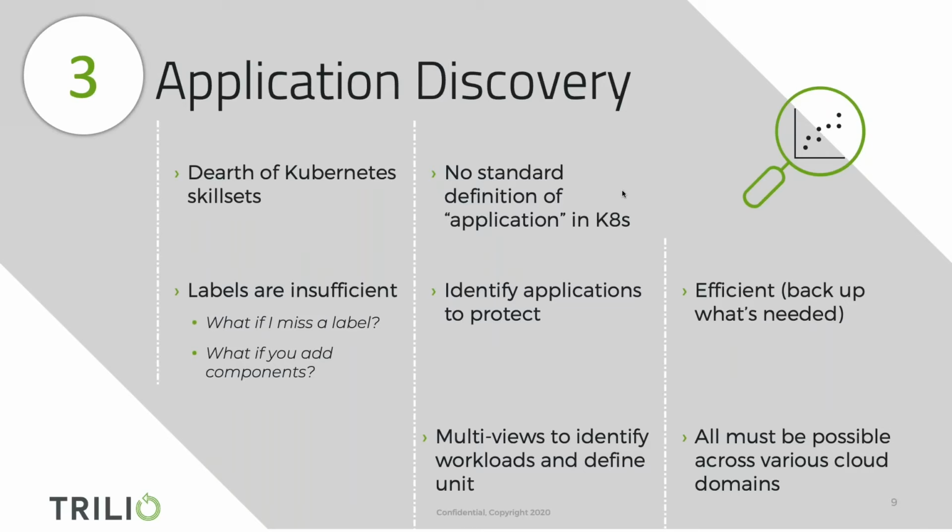So as a result, there needs to be a solution that provides multiple views, which slices and dices a Kubernetes environment to present your application toolings, your workloads, just independent objects, whatever you may need to back up from a Kubernetes namespace or a cluster into any other namespace or cluster. And all this should be possible from a single pane of glass across multiple clouds or cross domains.